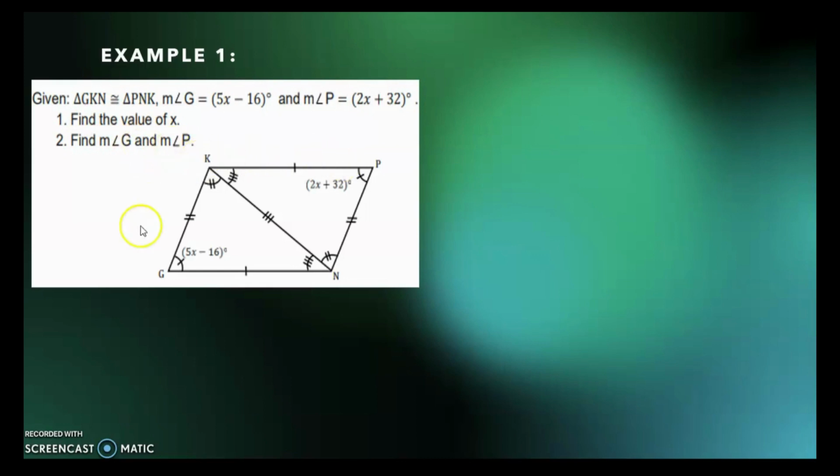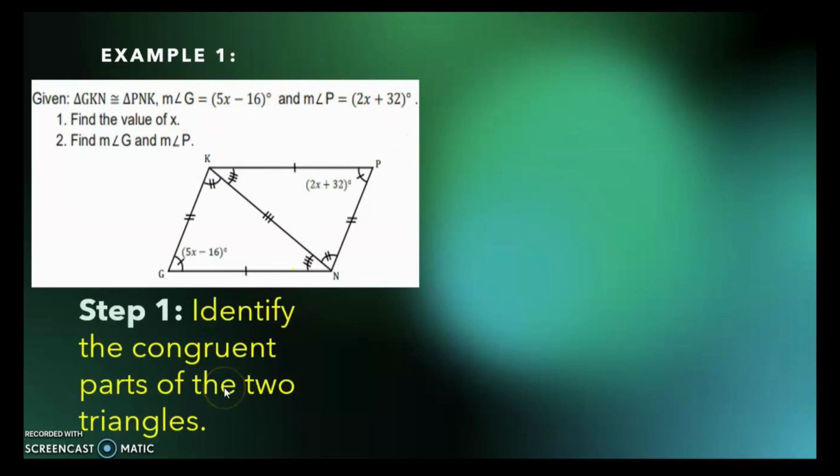So, we are going to find the value of x, find the measure of angle G, and the measure of angle P. Since this is our given, we can base it on the figure, or on our given. Step 1 is to identify the congruent parts of the two triangles. Since our given is angle G and angle P, let's check if they are congruent or equal.